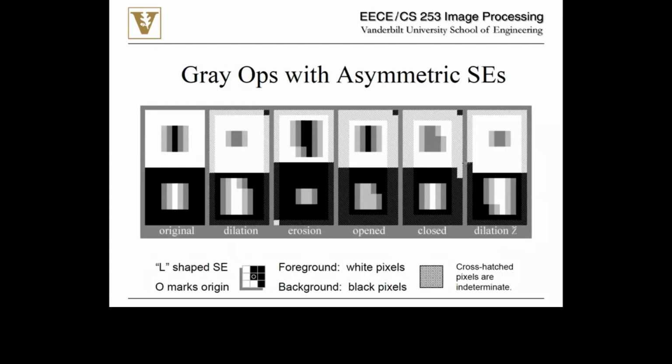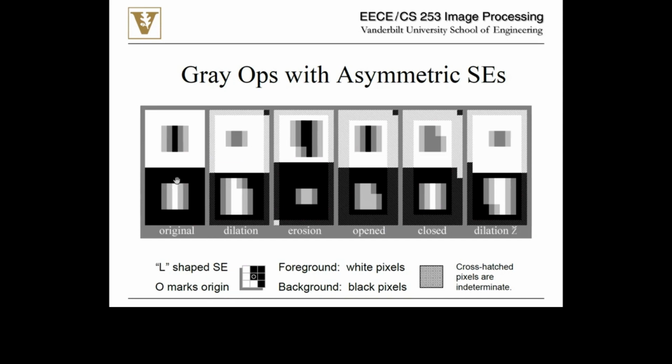Okay, so here we have a summary of all these operators. Let's say that we have this original image, and then our kernel will be this one, and then we have the dilation and erosion. Dilation makes the bright parts bigger with the shape of the structuring element.